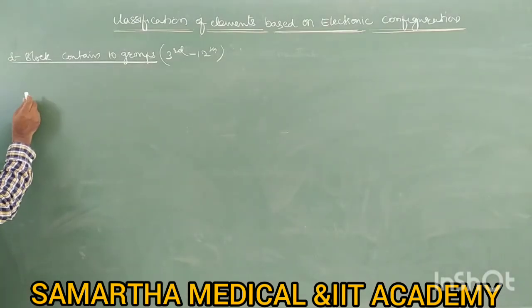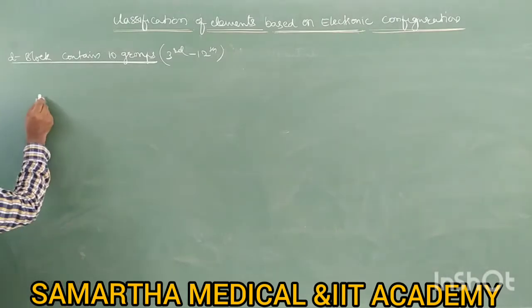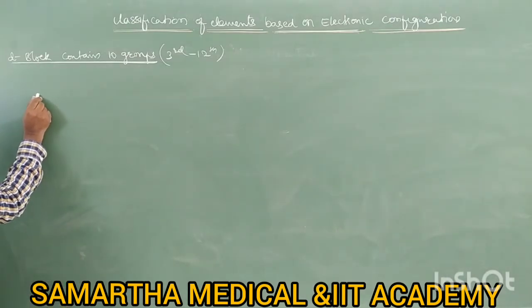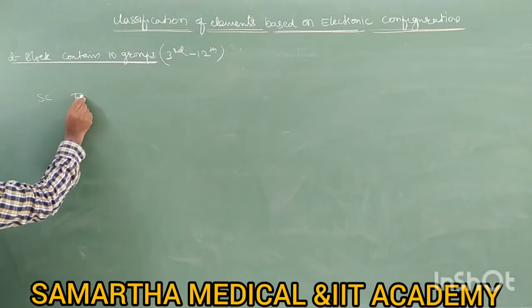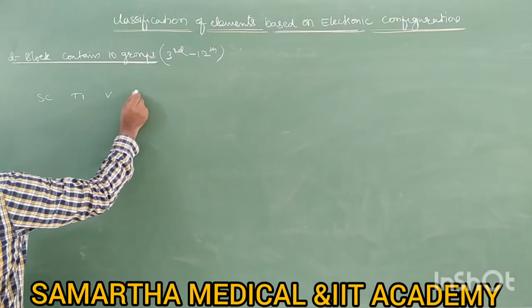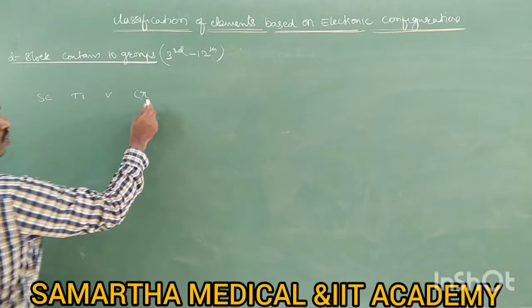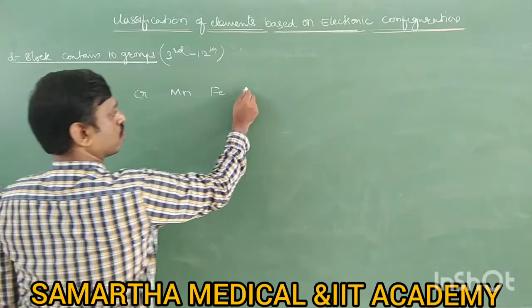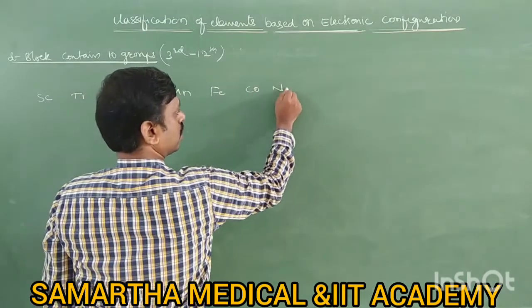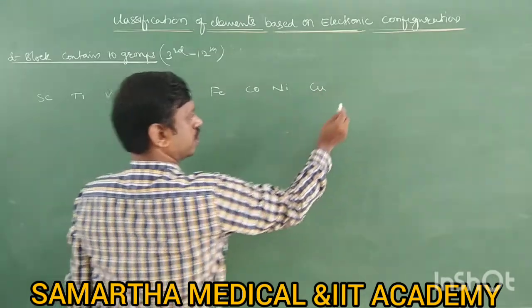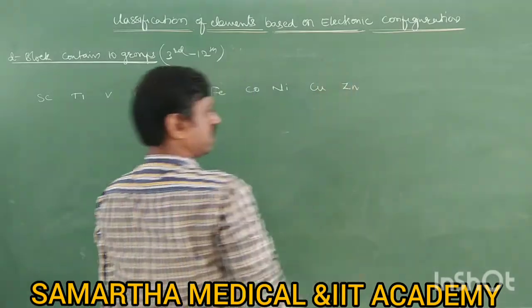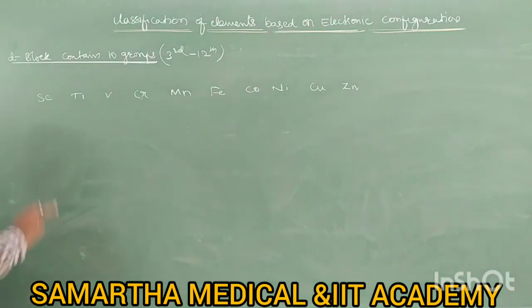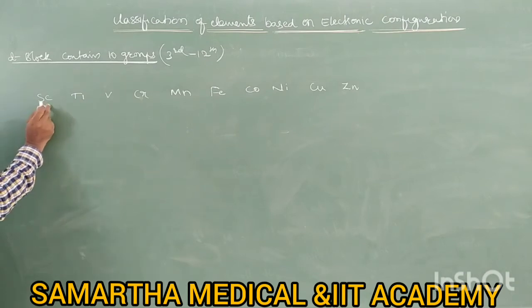We have studied in electronic configuration of elements. The d block starts from scandium, titanium, vanadium, chromium, manganese, iron, cobalt, nickel, copper, zinc. Right. Their atomic numbers are 21 to 30. We have studied this.